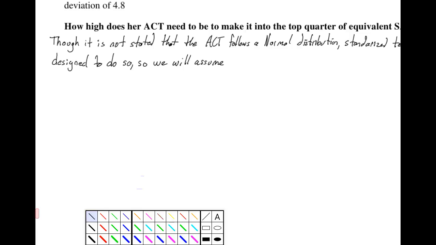So we will assume the distribution of ACT scores is approximately normal.